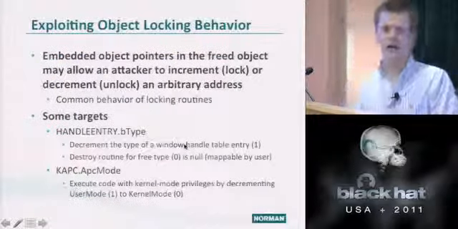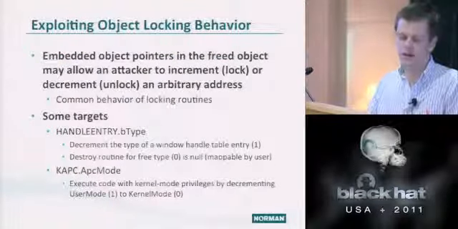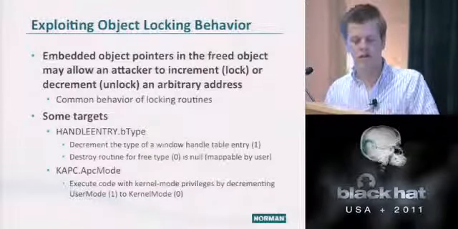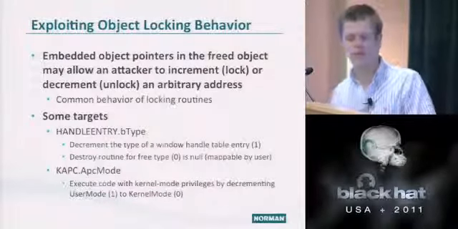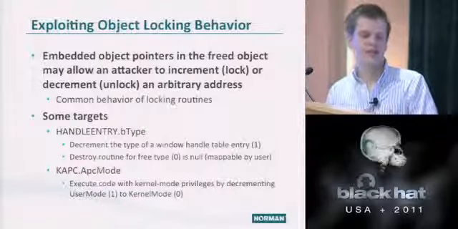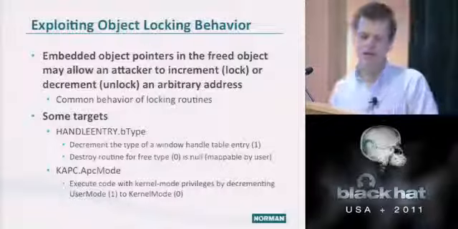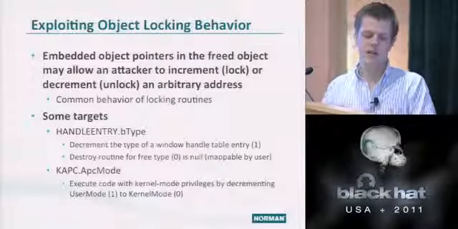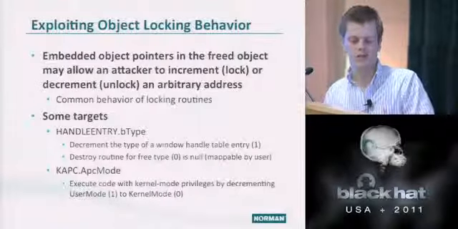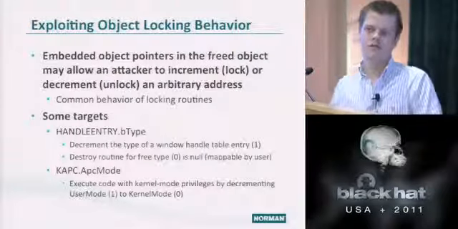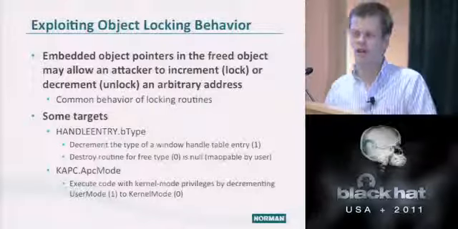A lot of these bugs are concerned with object locking: whenever you replace the freed memory, the first thing the code usually does is try to lock or release the object. So it will use one of these pointers to perform the locking, and this really allows you to do an arbitrary increment or an arbitrary decrement.